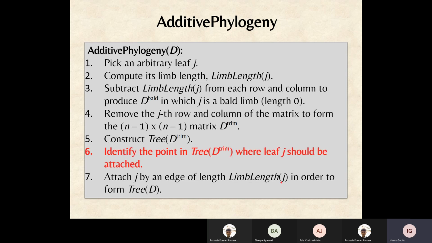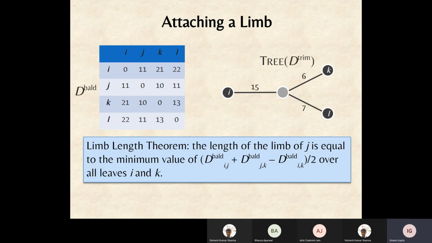The important point is how do you identify where to attach j? The limb length theorem again comes to our rescue. We already know from the limb length theorem that if you want to calculate the value of the limb j bald, right?